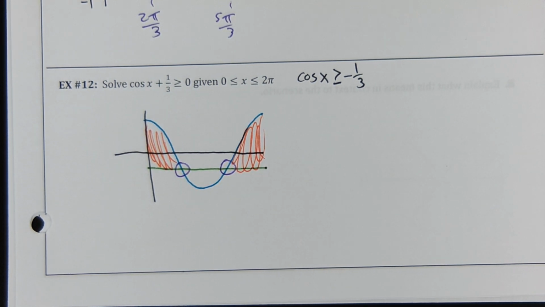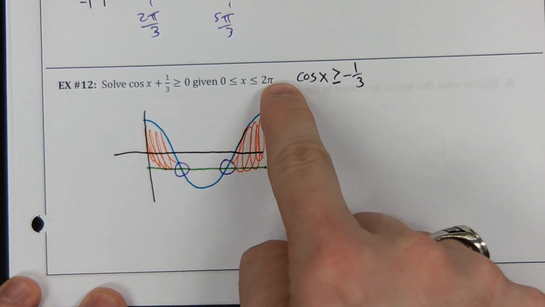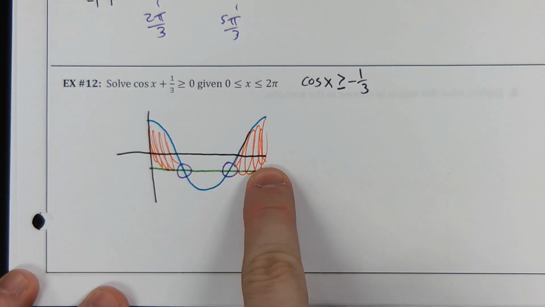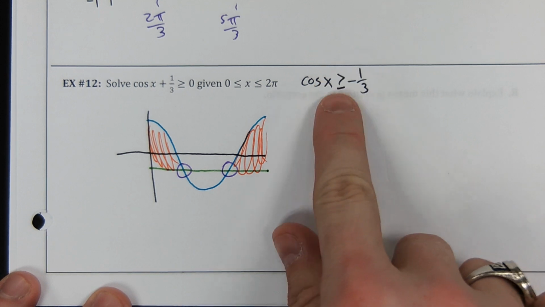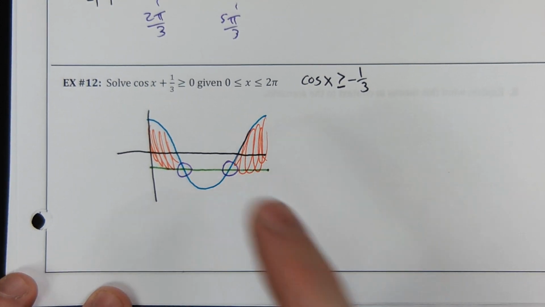What I just said, does that make sense? I subtracted 1/3 from both sides. I'm going to do y equals cosine of x. And I'm going to do y equals negative 1/3. That'll be the horizontal line. And I'm trying to figure out where my cosine wave exists above this number. So it's all of these x's and all of these x's.